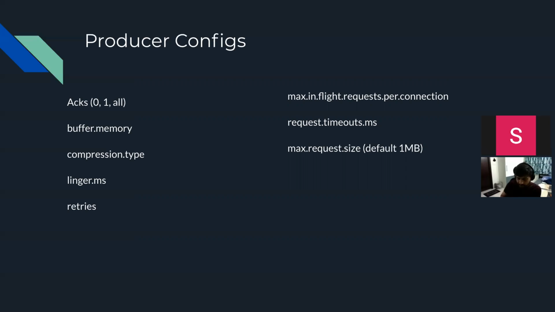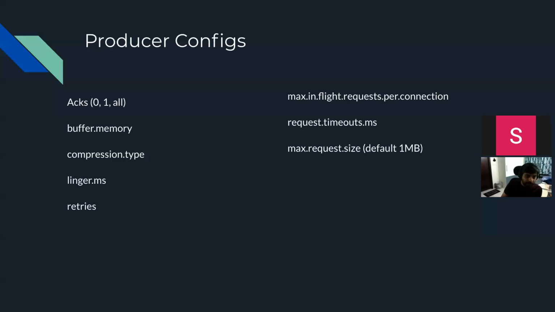There are a couple of parameters that overlap with each other. For example, buffer.memory. Once you push your message into the buffer area, if this memory is full, the Producer API will flush those messages, or when the linger.ms time is reached, whichever comes first.